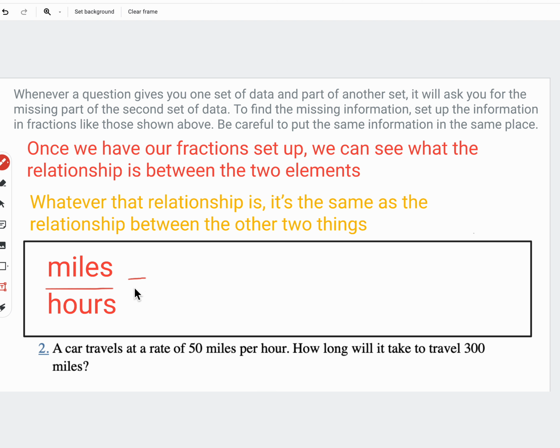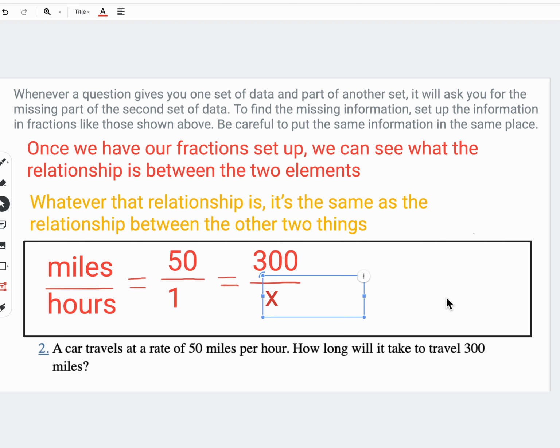Here we have 50 miles to the hour. We need to know how long it will take to travel 300 miles. Let's place our miles with our miles. How long would be hours? That is our unknown. 300 over x.